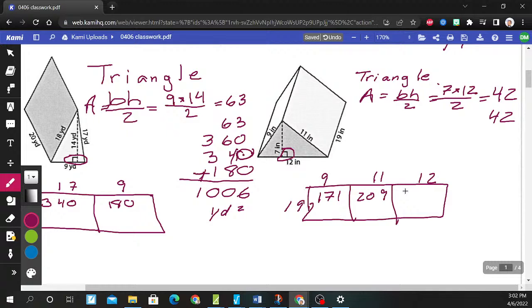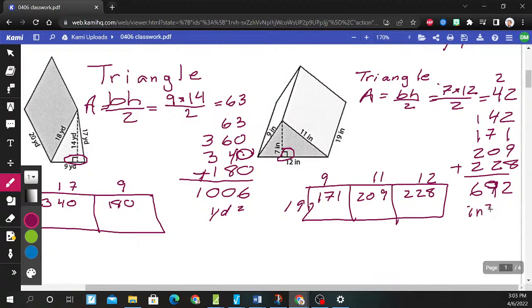So we'll add all those together. So 171, 209, and 228. 2, carry the 2, 7 plus, that would be 8, 10, so that's 17, drop a 7, carry the 1, that's 1, 2, 3, 4, 5, 6. So 672. I should actually have 692, sorry. I forgot a 2. So 692 inches squared.